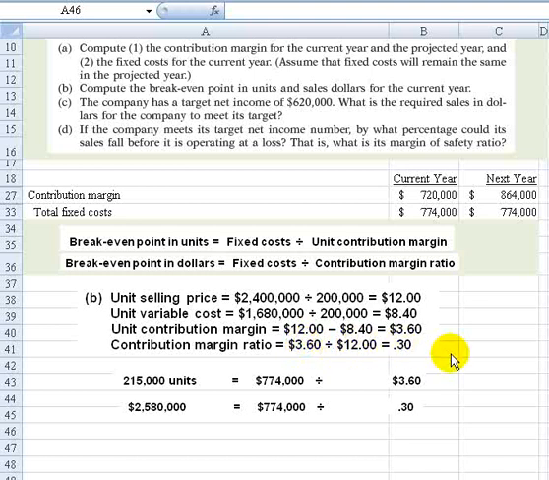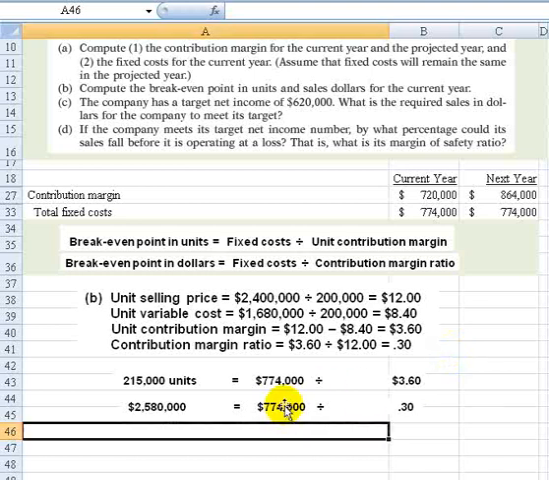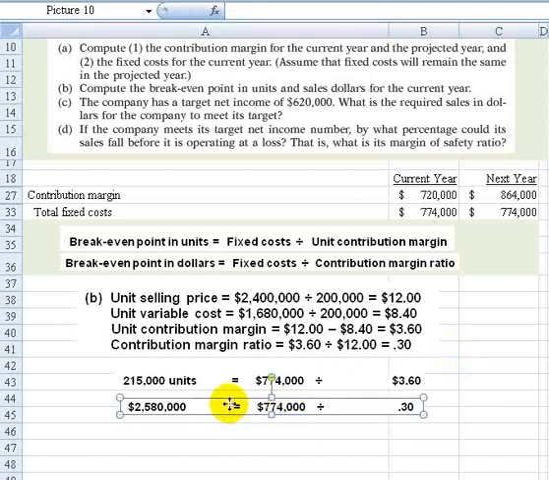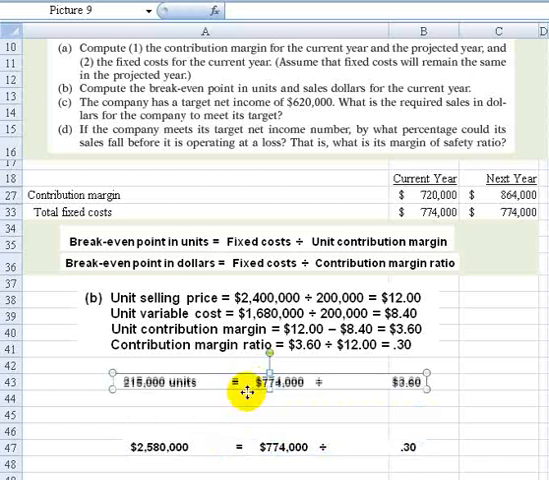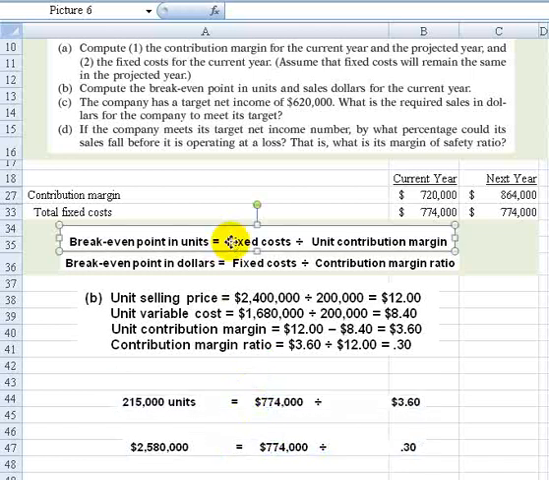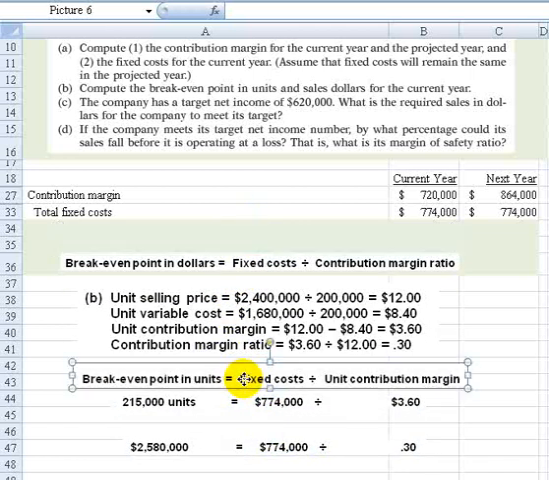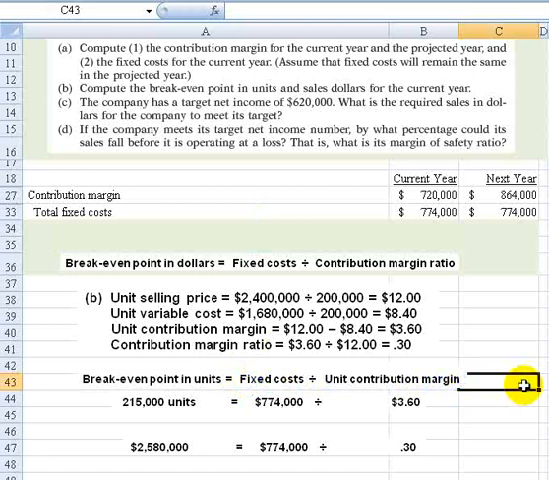So with that knowledge, we now can compute the break-even. I think what I'll do is slide this down and put this right here. For break-even in units, we take the fixed cost, 774, divided by the unit contribution margin of 3.60. Let me say that another way.